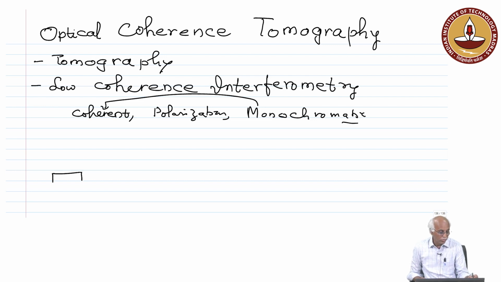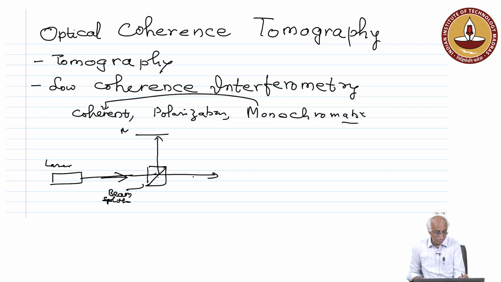So, we use a laser beam, and in a Michelson interferometer the light propagates through a beam splitter and gets divided into two arms. This is, let us say, the laser beam, and there is a mirror here, M1, and let us say an object or mirror here, M2.